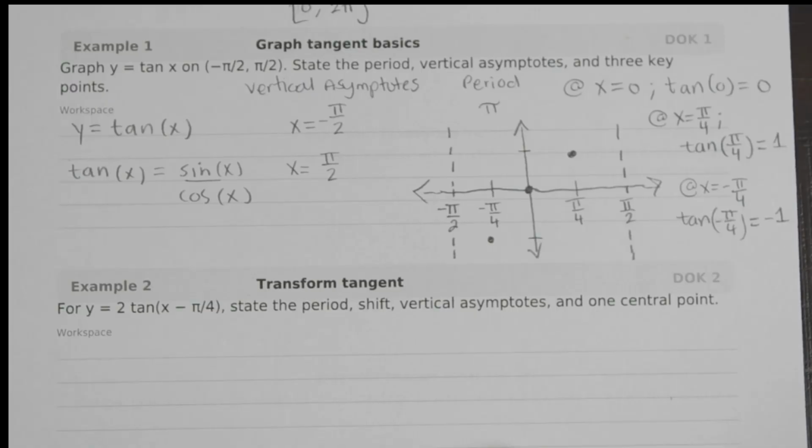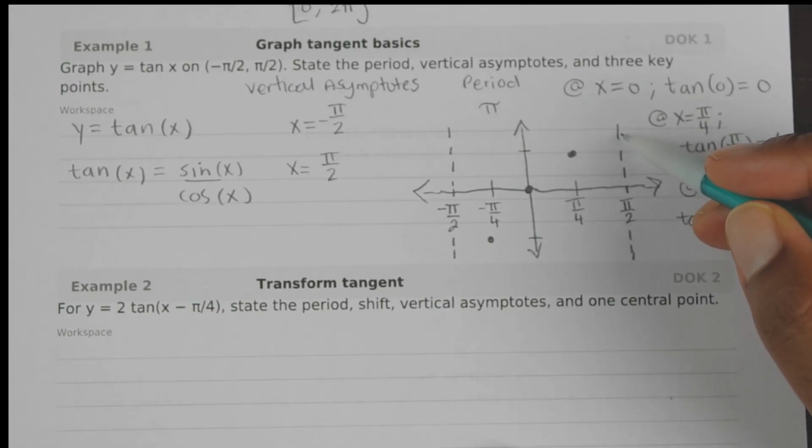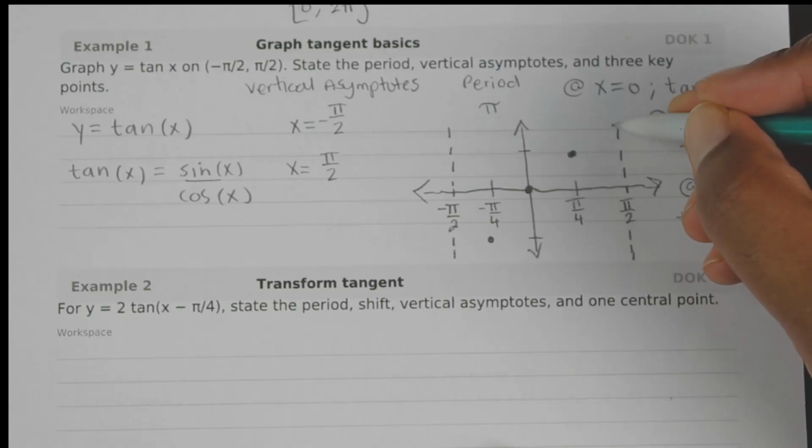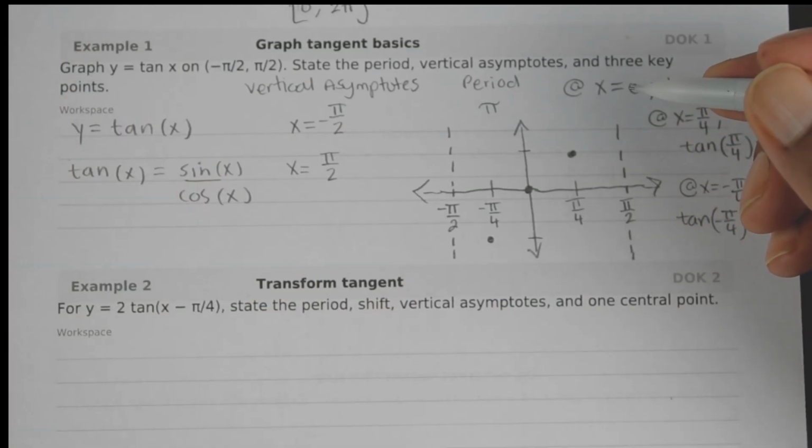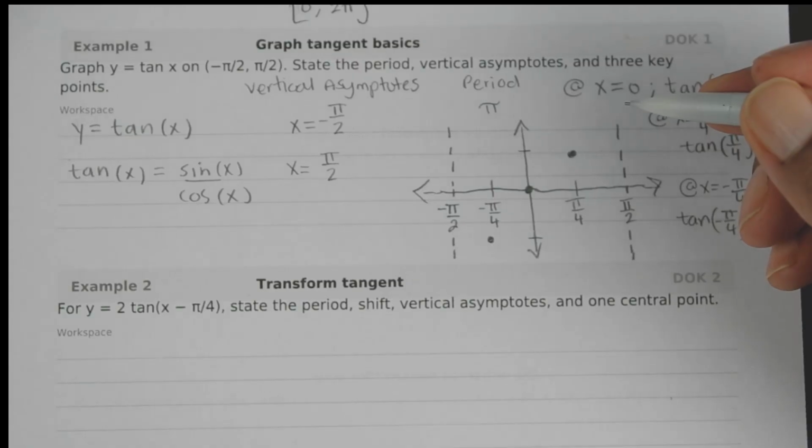Okay. So the way this would look, remember this vertical asymptote tells me the behavior of the graph. So I'm going to say the way this graph would look, I don't want to mess up this sketch.